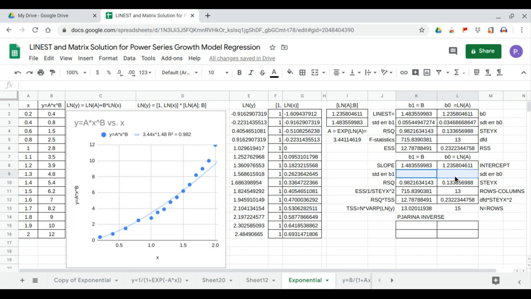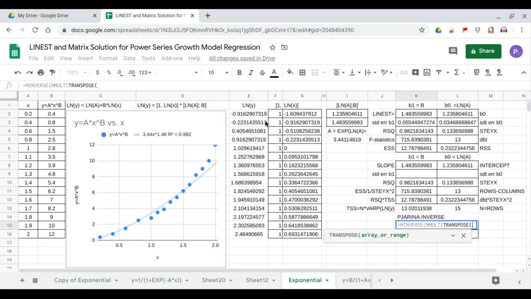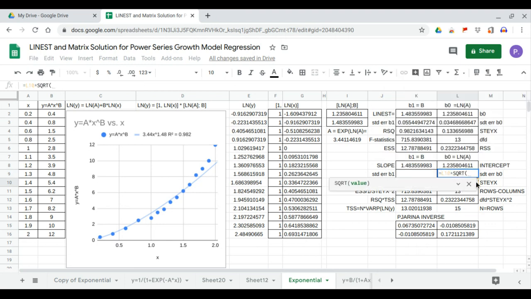And we calculate the last, the standard error values of the coefficients. We use the pseudo inverse matrix, which is MINVERSE of MMULT of the transpose of the 1 comma x matrix and itself. Now we can calculate the standard error values of the coefficients. We start with the one for B0, which is equal to STEYX times square root of the first diagonal element.